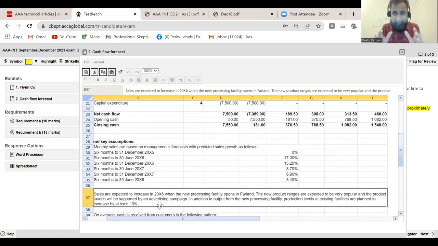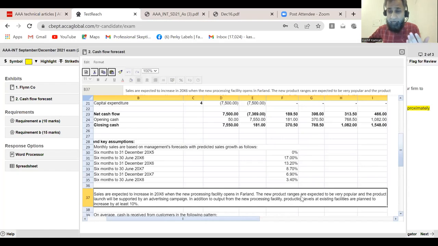For the first 6 months, the sales does not increase, but when the new plant opens, the sales will automatically increase from 30th of June 20x6 by 17%. The new product range are expected to be very popular. This is an assumption. They might not be.